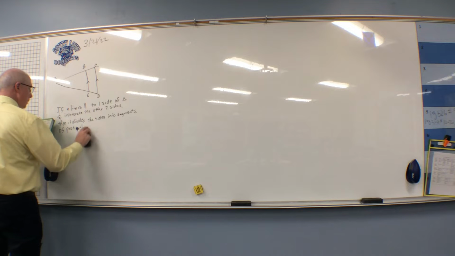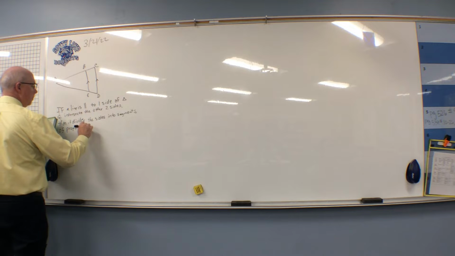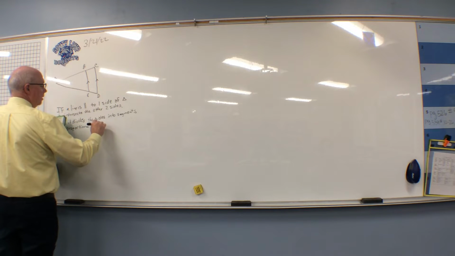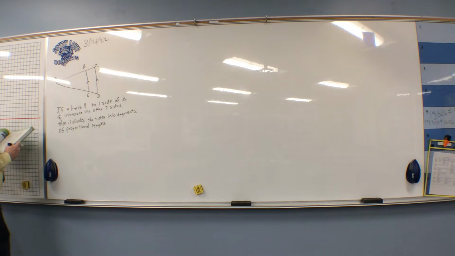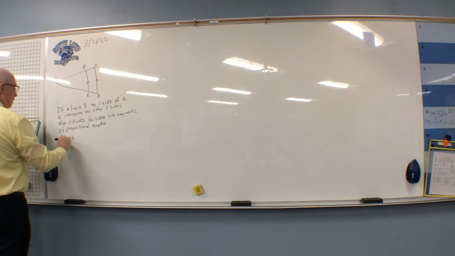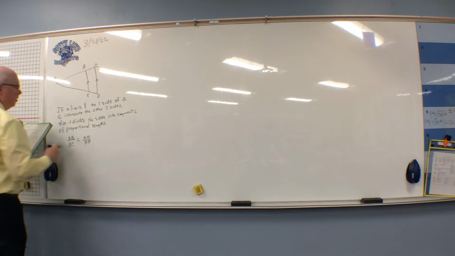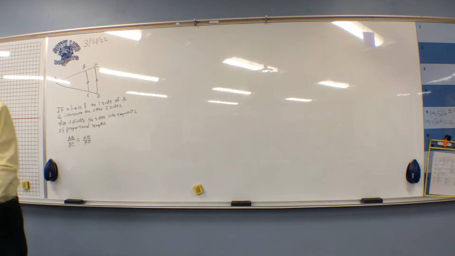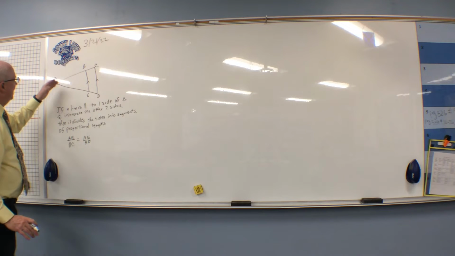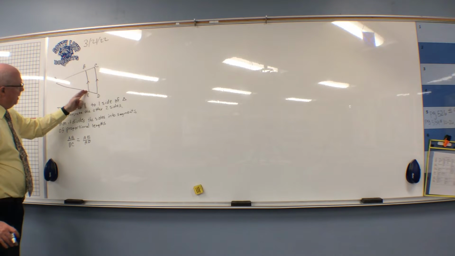So what it does is, if this line is parallel to this line, then AB over BC is equal to AE over AD. And I'll show you how this looks. Okay, so this piece is to this piece as this piece is to this piece.